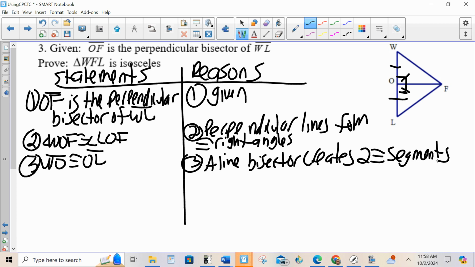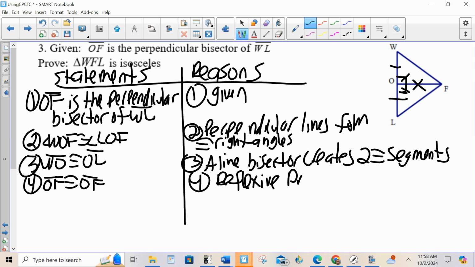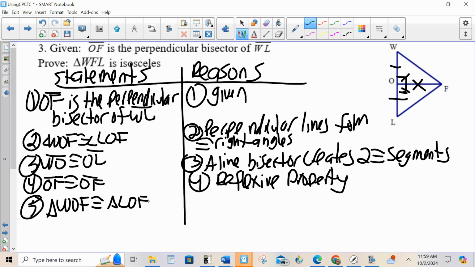I have two things, I'm out of givens, additional tools, reflexive property, OF is congruent to OF, reflexive property. Now that I have three things, I can state that triangle WOF is congruent to triangle LOF. I've got SAS.